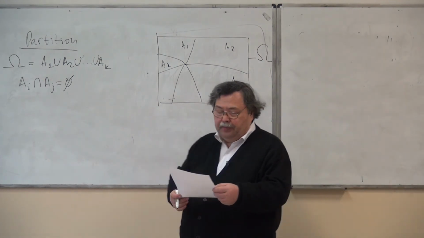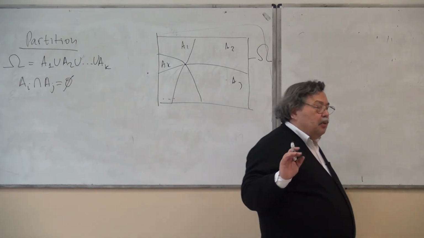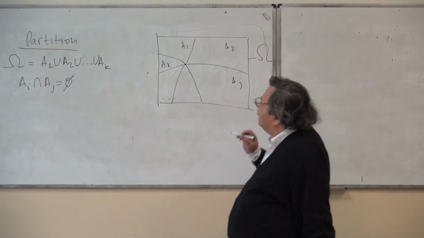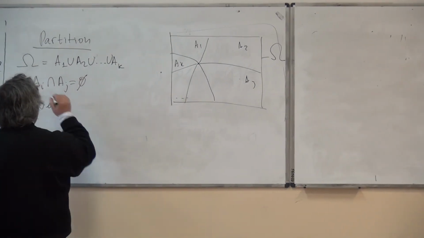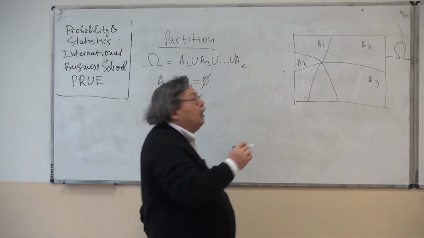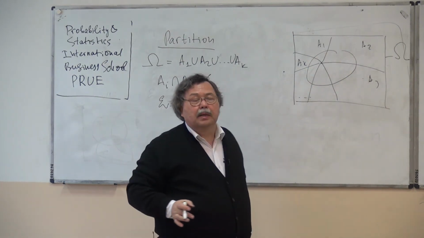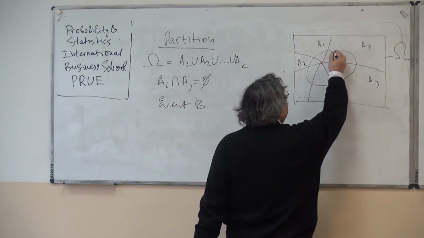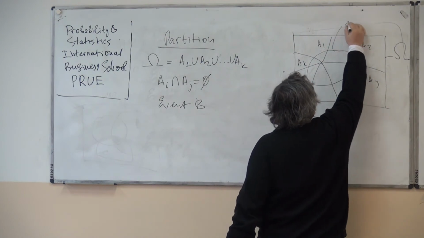Now, suppose we have a partition like this, and also suppose we're interested in some other event, not one of these. Let's call it B. Well, it can be anywhere in this rectangle. Now, suppose this is a representation of event B.